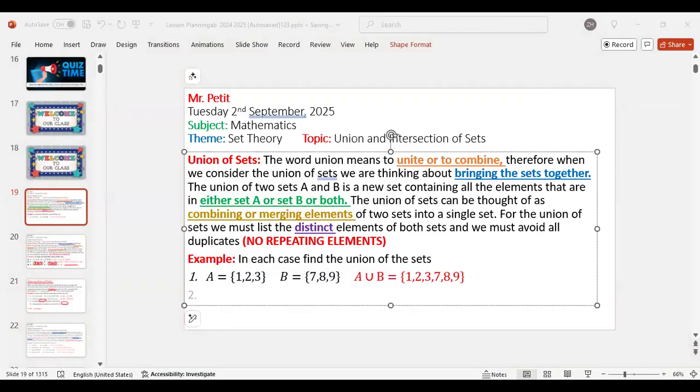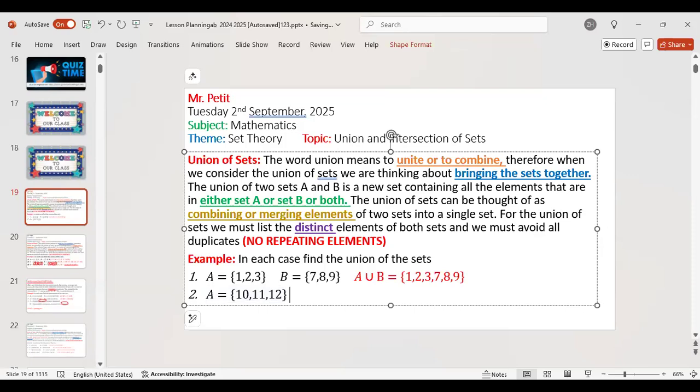Nay, you've got number 2. So number 2 is going to say: we have set A, and set A is going to have the elements 10, 11, and 12.